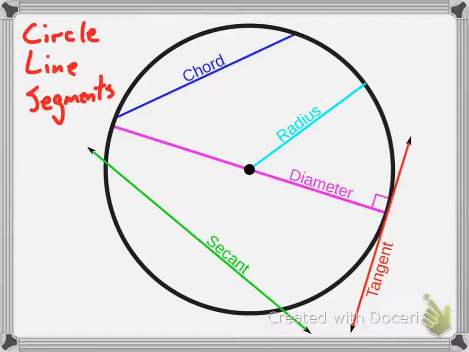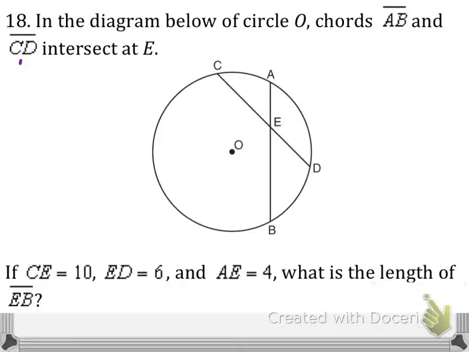So let's take a look at some problems. And I want to look at some problems from the exercise on Juno that we did. So one of them was this one here. It's 18. Well, it didn't have any numbers on Juno, but in the diagram below of circle O, chords AB and CD intersect at E. Now, what we learned is, and this was because of similar triangles, if I connect AC and BD, it creates two triangles that happen to be similar.